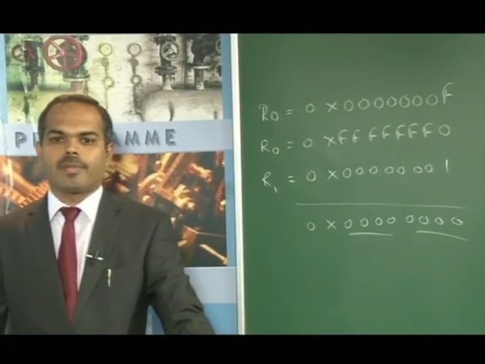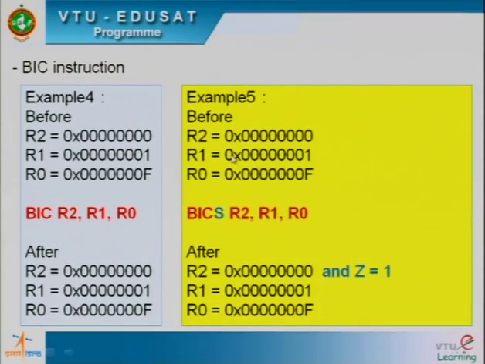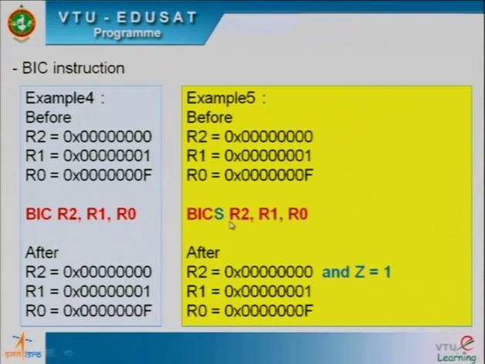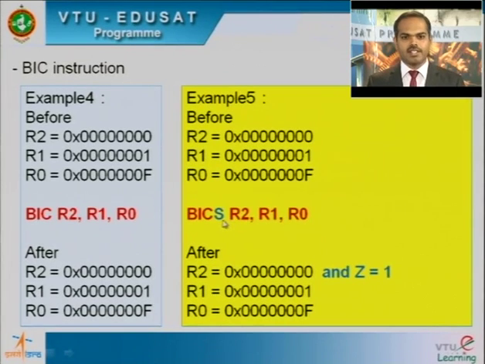Now just see the next example, that is example 5. The same example with S as a suffix. All of us were very clear by this time that if we add the suffix S, it will affect the CPSR flags. If we don't add the suffix S, it will not affect the CPSR flags.